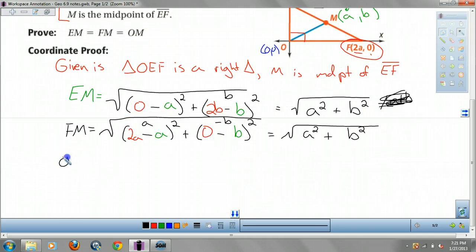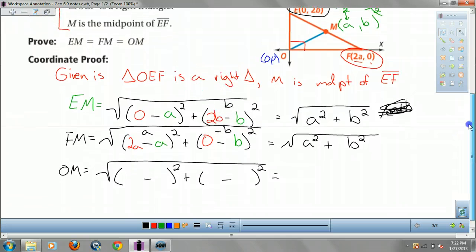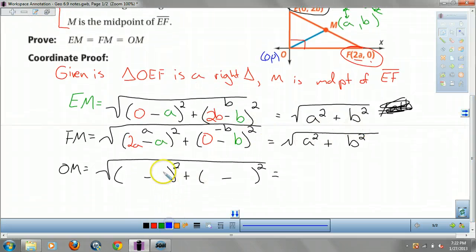And last but not least, we have to find OM. One last time, we're going to use this fancy distance formula. When I plug in O, I'm going to use that as my second point because they're both 0. And that's from right here. Now for M, I'm going to plug in my a and my b.